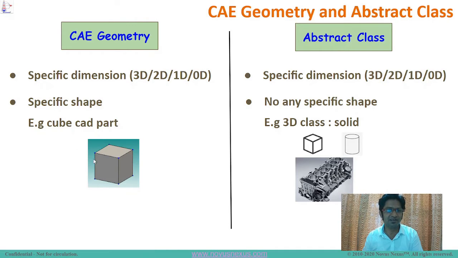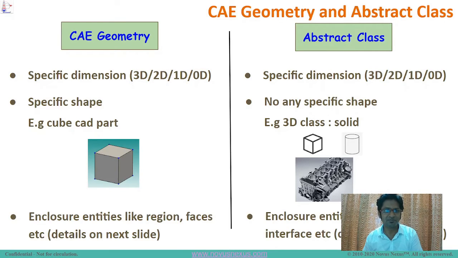For example, when I'm considering a cube CAD part, I can see the shape of the CAE geometry, or I can visualize it very easily. But when I'm seeing a solid class, that solid class can be a cube structure or a cylindrical structure, or it can be an engine block. So abstract class does not have any specific shape.